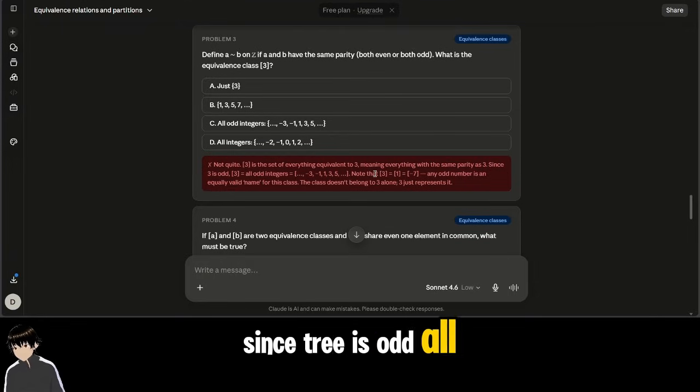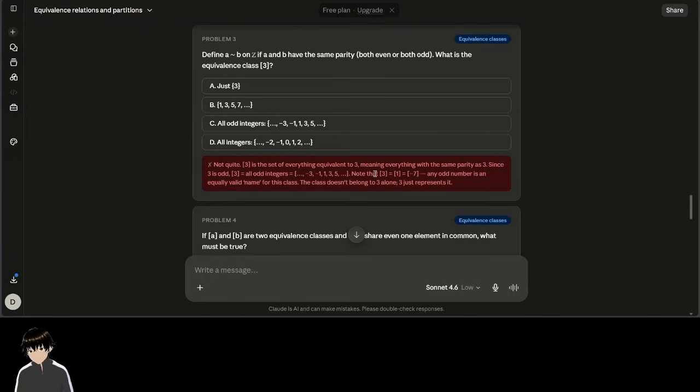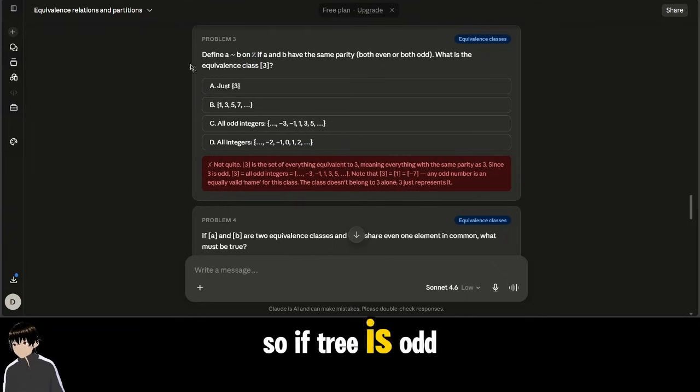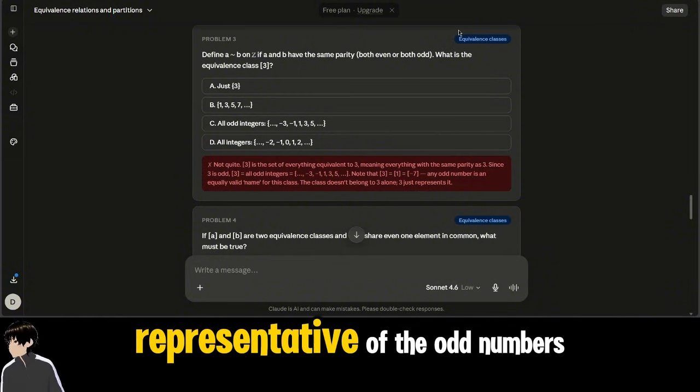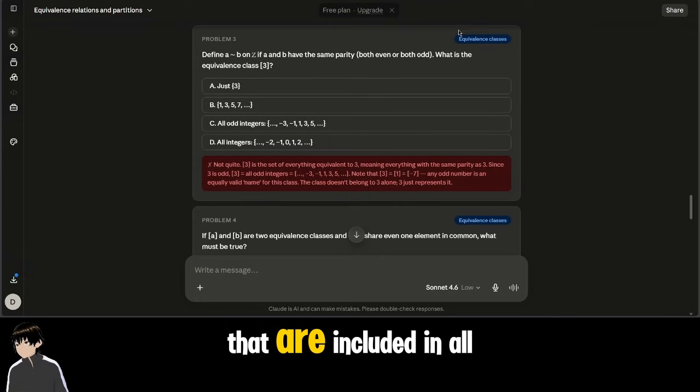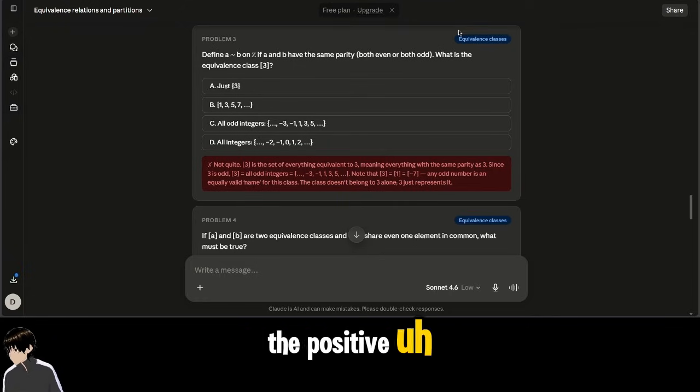Since 3 is odd, it's all odd integers, noting that 3 is equivalent to 1 and negative 7. I see. So if 3 is odd, we're going to find the same category as 3. So 3 is just a representative of the odd numbers among all the integers.